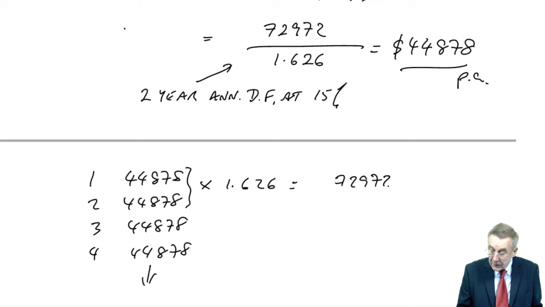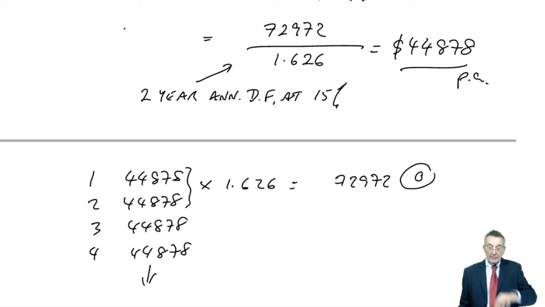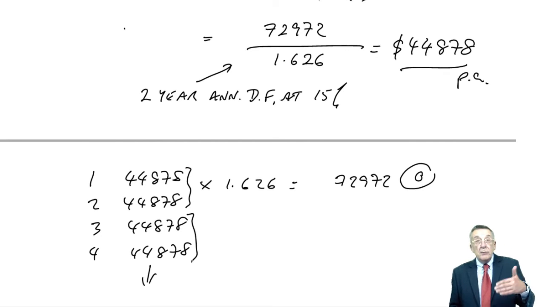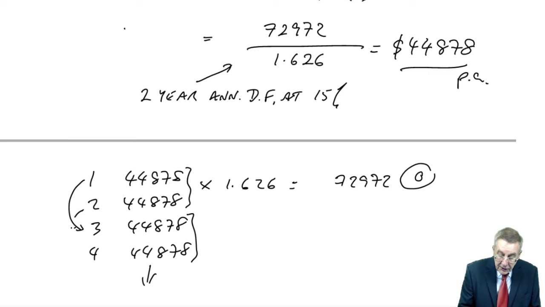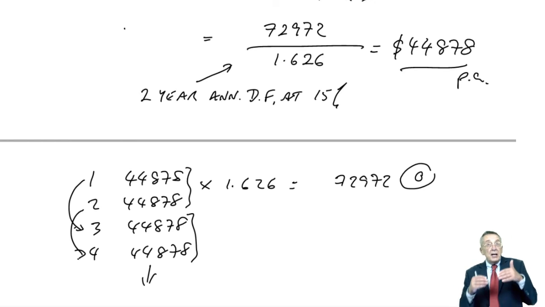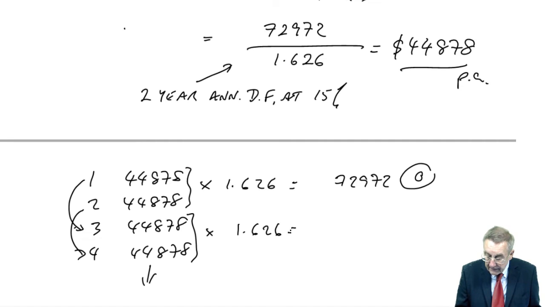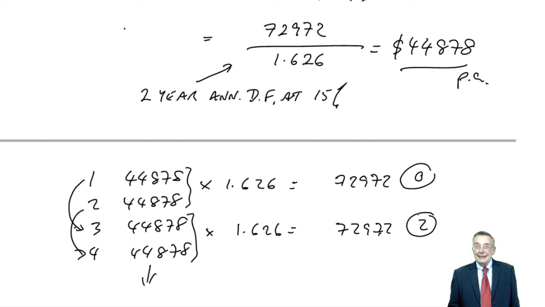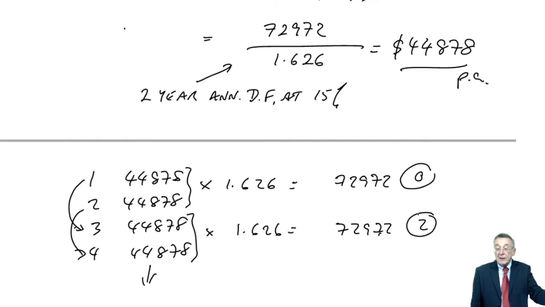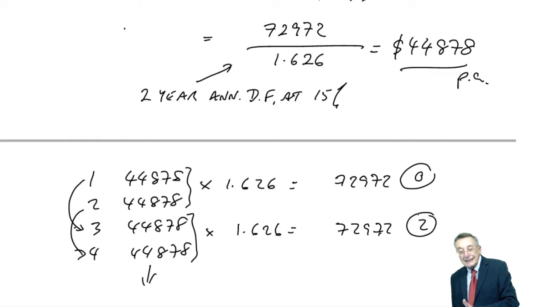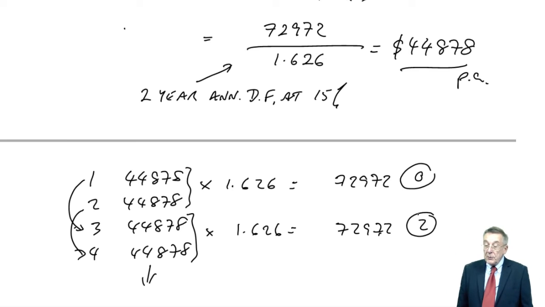It'd be 72,972 at time 0. You've then got the same flows again, 44,878, but instead of in 1 year, it's in 3 years. Instead of in 2 years, it's in 4 years. So exactly the same flows 2 years later. And if you multiplied again by the annuity factor, you'd get the same figure, but 2 years later. And so on and so on. So 44,000 every year is equivalent to 72,972 every 2 years.